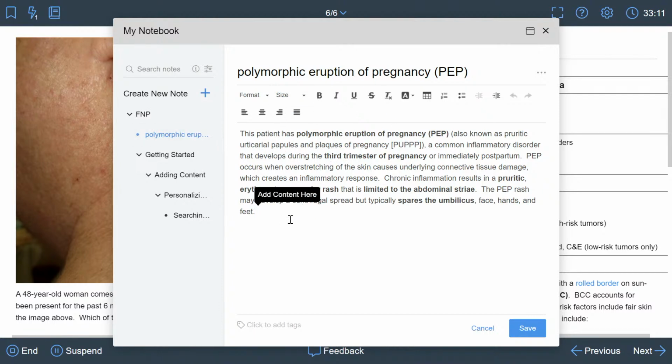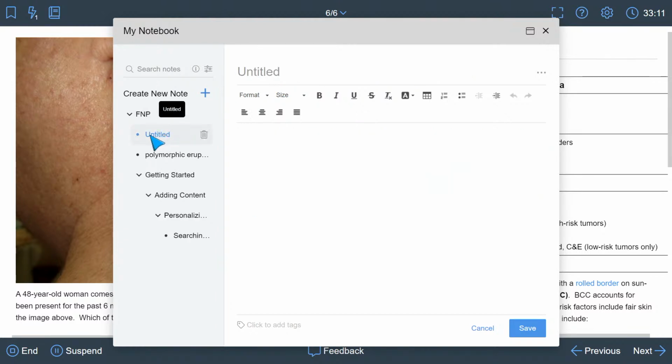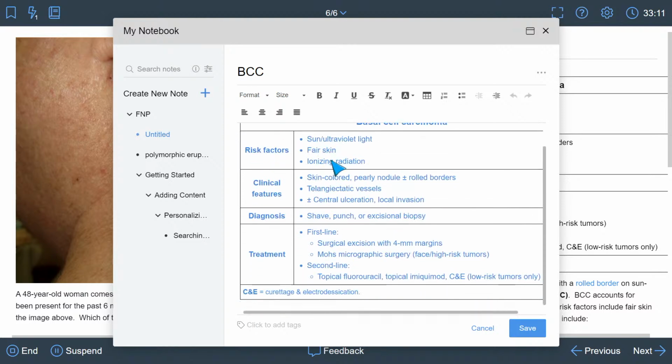Say this was blank and you wanted to add a new note, you would just click the plus sign up here. It's going to create an untitled, say basal cell carcinoma, and you click it, left click it, and just click add content here. So now all of that's going to enter into this page.